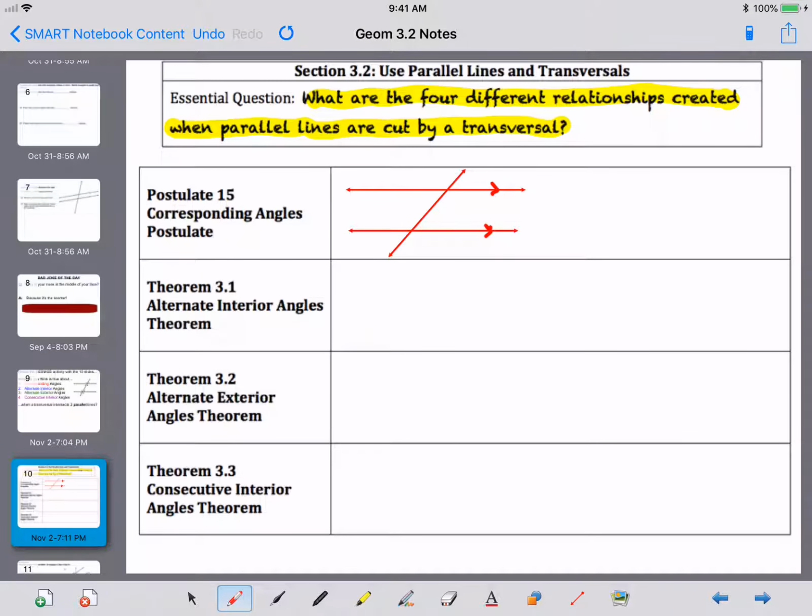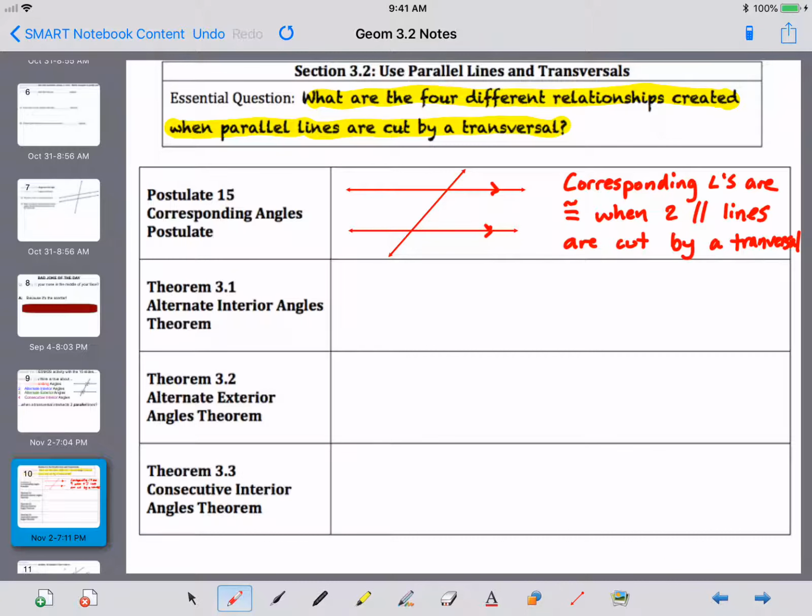And now it turns out that the corresponding angles are congruent when two parallel lines are cut by a transversal.